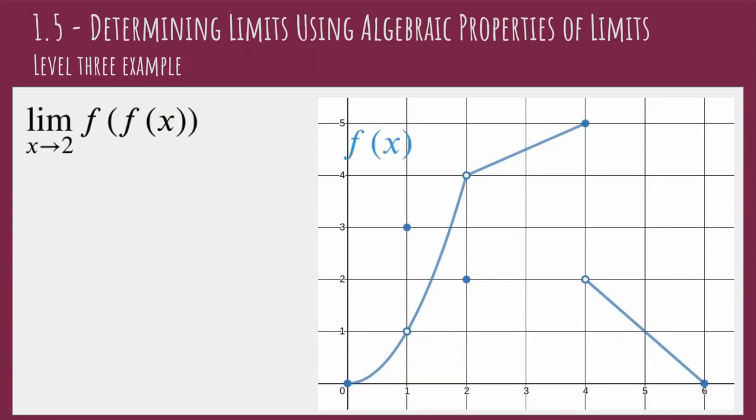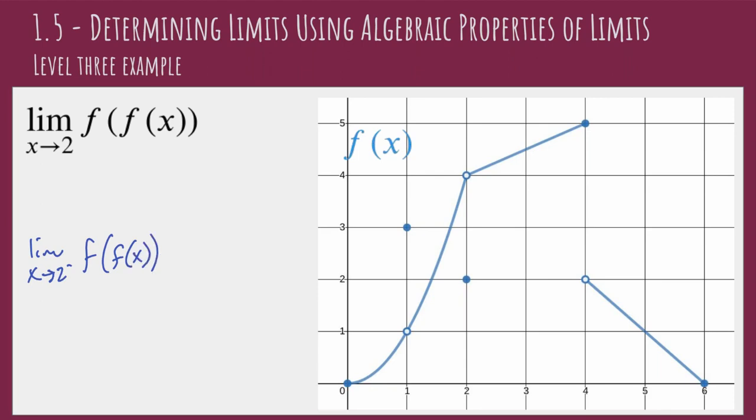This is a composite function. It's kind of an interesting one because it's a composite function where it's f composed with f, and there's nothing wrong with doing that. So if we look at what happens here with our one-sided limits, limit as x approaches 2 from the left first of f of x.